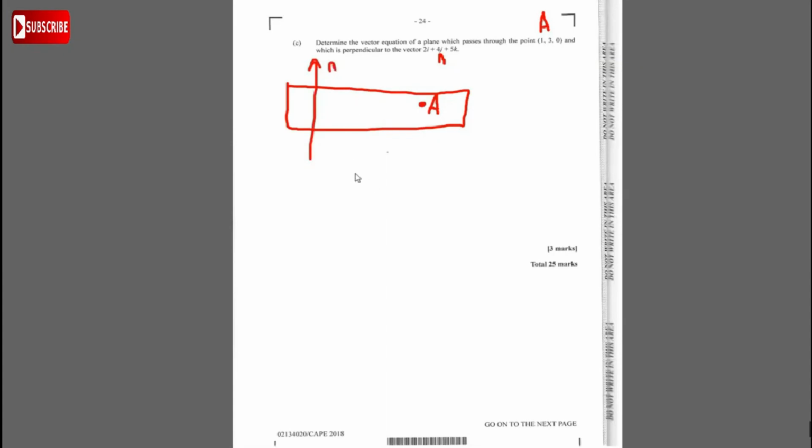And so what that means then is R dot N is equal to A dot N, where N is the normal to the plane. And so the equation is going to be R dot N. N is 2, 4, 5. So it's R dot 2, 4, 5 equal to A dot N.